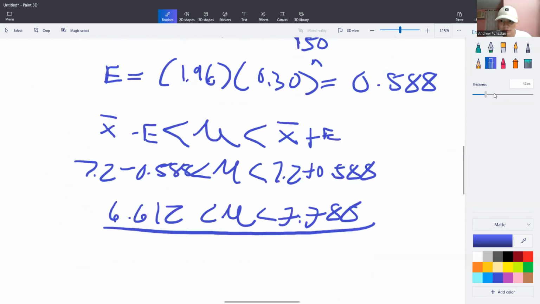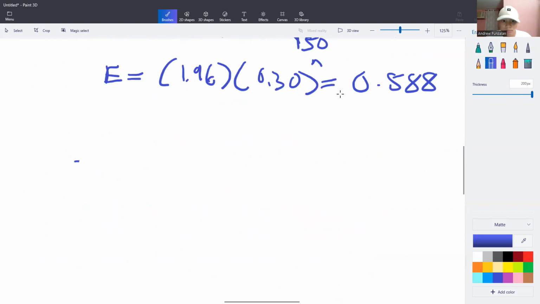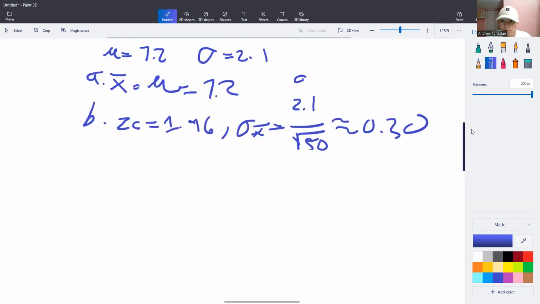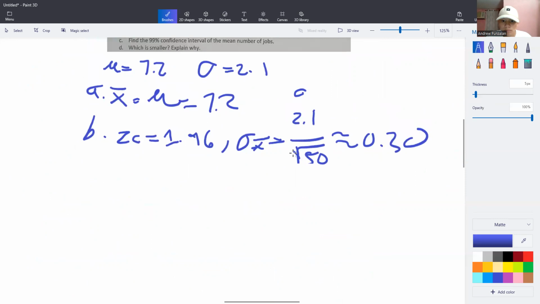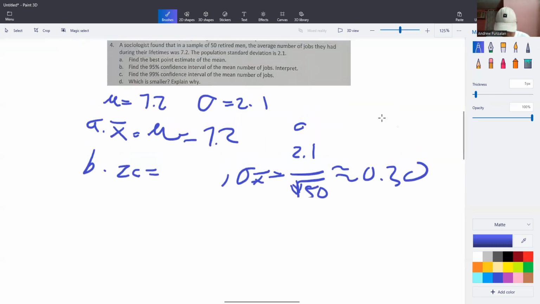Next, it says find the 99% confidence interval of the mean number of jobs. So 99% will always be equal to 2.575.